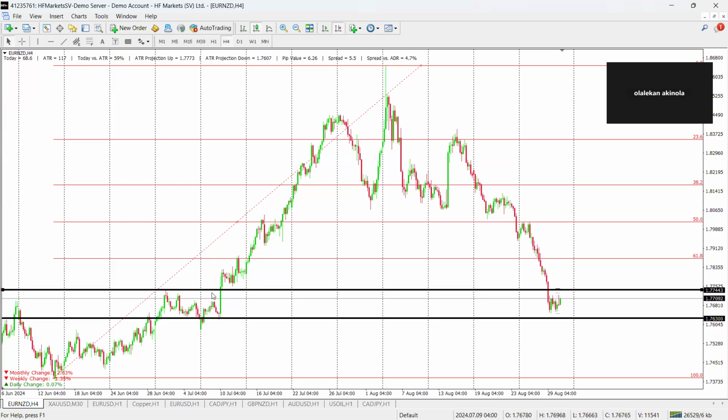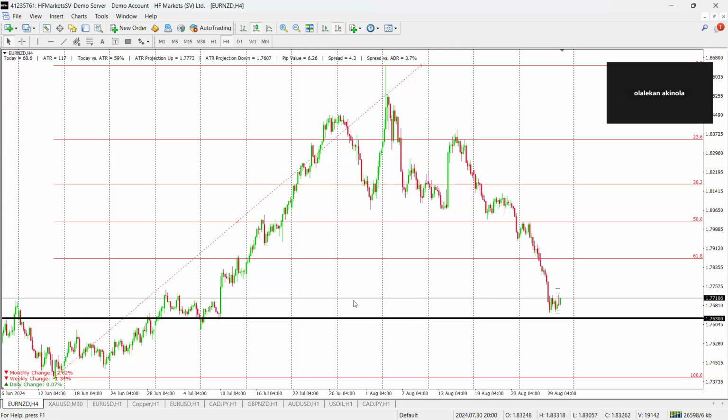It was resistance that became support, which means I could be thinking of this level for further downside, but I don't feel confident in that because this is a stretched downside. If there's going to be any correction, it should be an expanded correction. It cannot be that kind of minor correction.